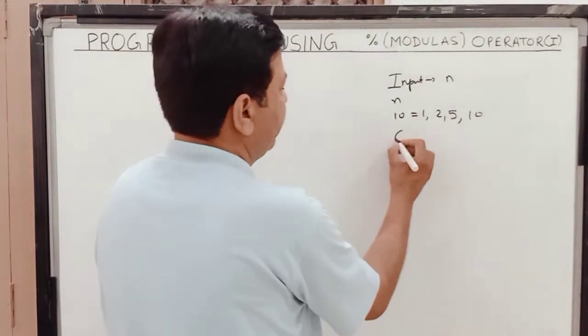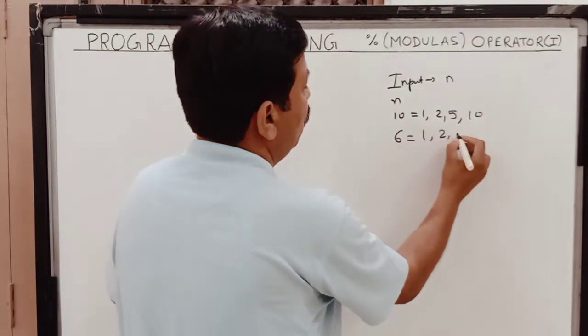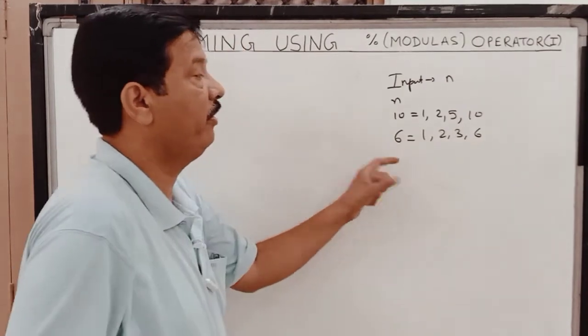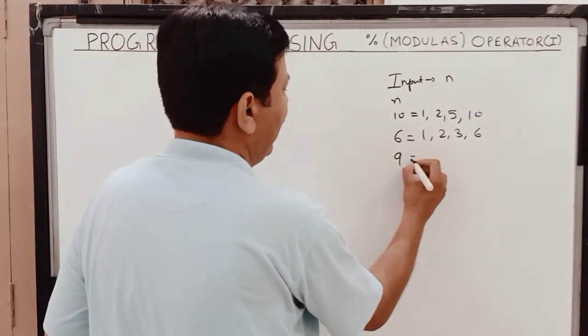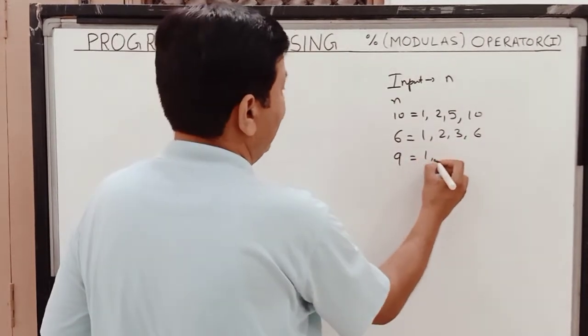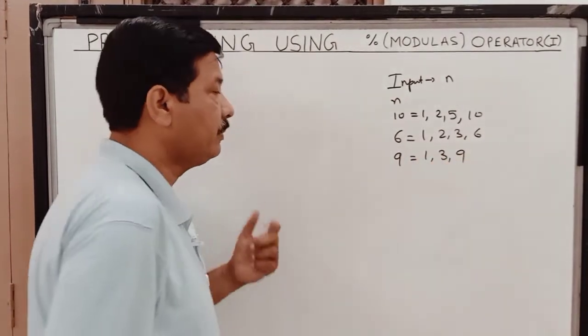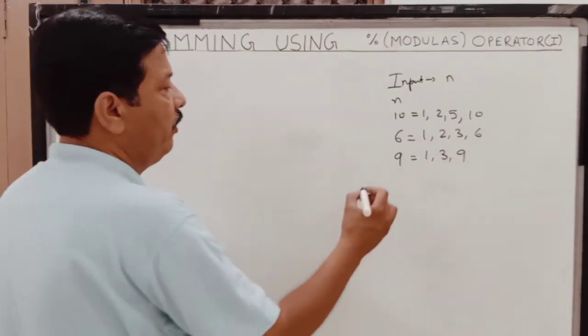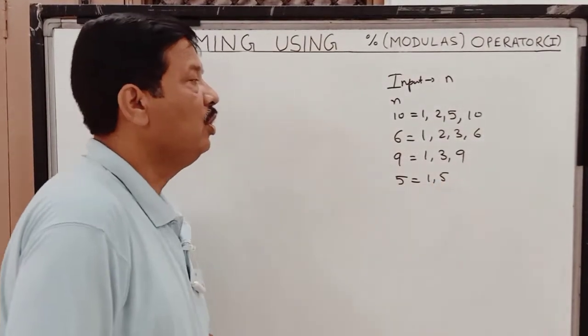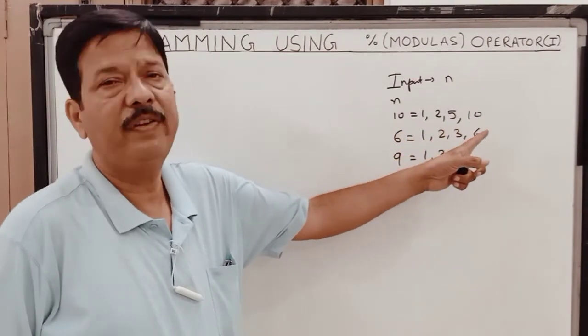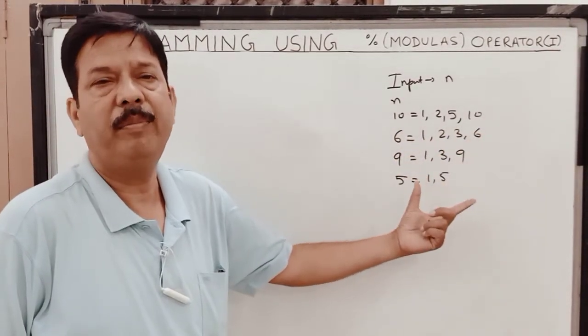If I say 6, 1, 2, 3 and 6 are the factors of 6. If I say 9, the factors of 9 are 1, 3 and 9. The factors of 5 are 1 and 5. So we want to print all the numbers which are the factors of a particular number we enter.